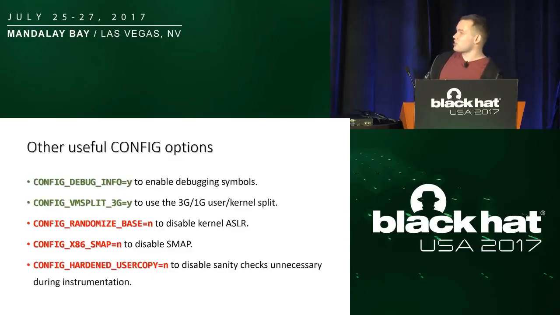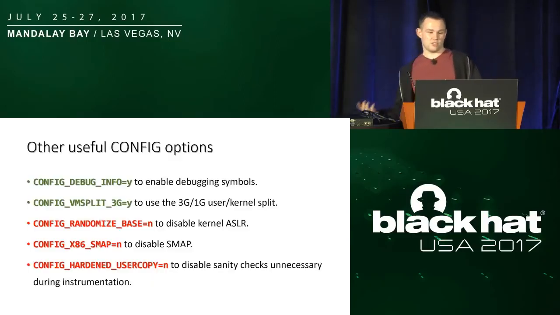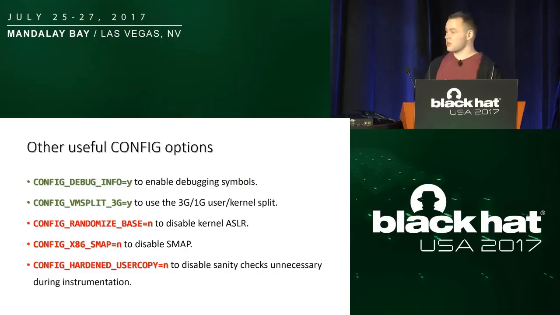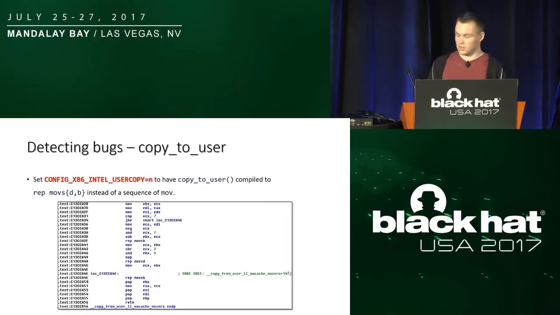We have a few other config options that we also have to set in order to enable debugging symbols, use the right kernel/user address mode split, and disable some of the mechanisms that we don't want to use in the emulation. Then we also have to set another config option to make sure that copy_to_user, which is used to copy memory back from kernel mode to user mode, is also compiled into rep movsb and rep movsd instructions.